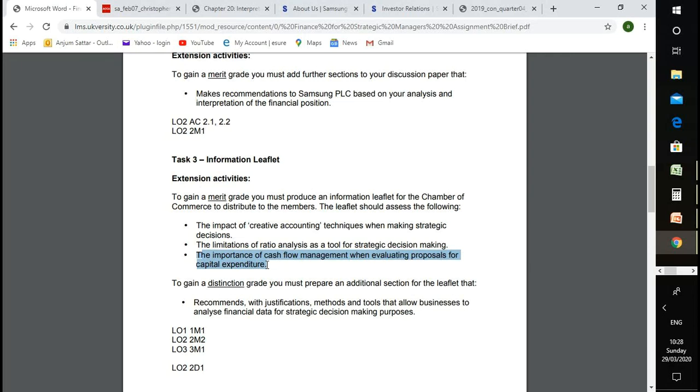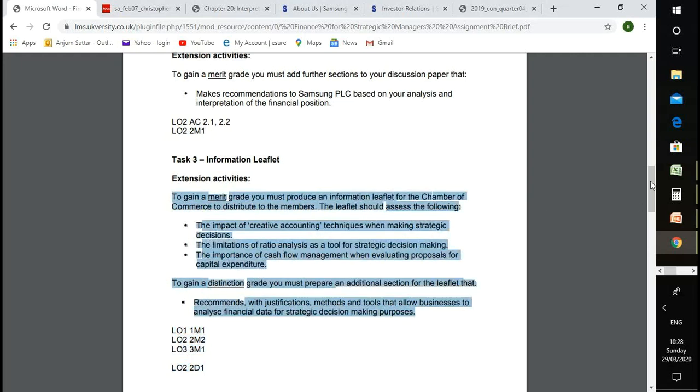Cash went out, cash went in. You can argue and give recommendation and justification based on the data. So here we're looking at LO1, M1, M2, M3, and D1. So these assessment criteria we need to focus on to address this whole task.